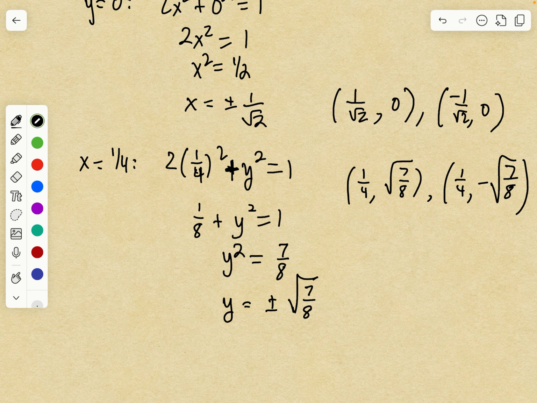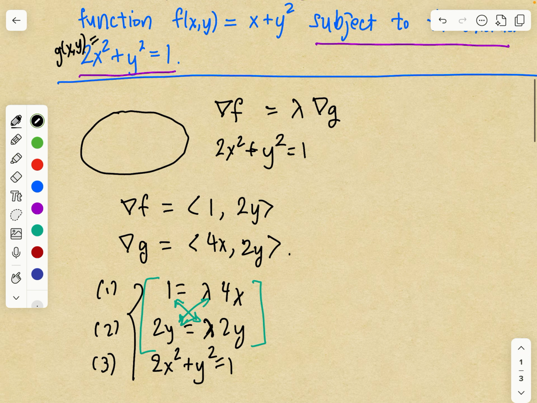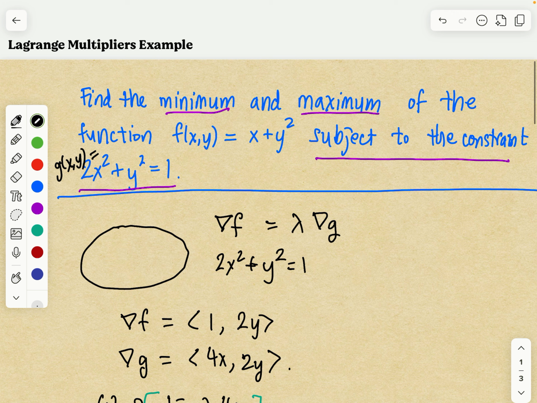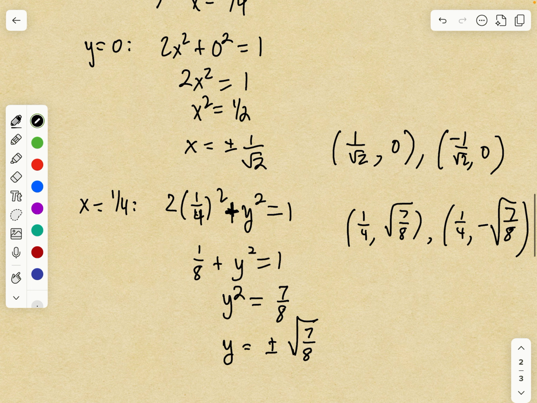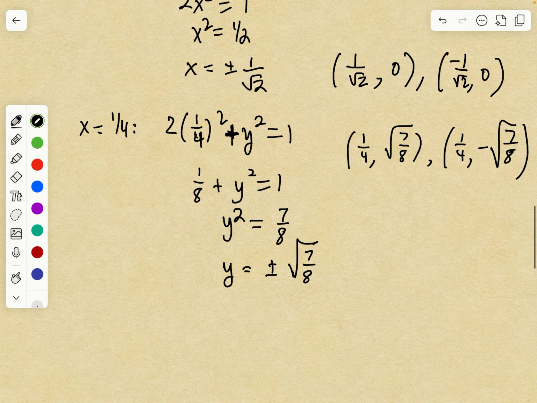We have to plug them into the original function that we're trying to maximize and minimize, right? The question's asking, you have this function, what's the biggest and smallest values of this function? And we know by the Lagrange multiplier stuff we did that it has to be one of these 4 points. So if you just plug them in and see what the actual values are, then that'll tell you which one's the biggest and which one's the smallest.